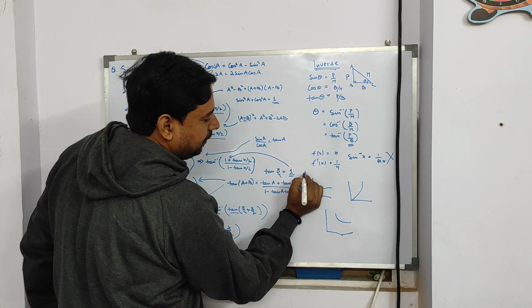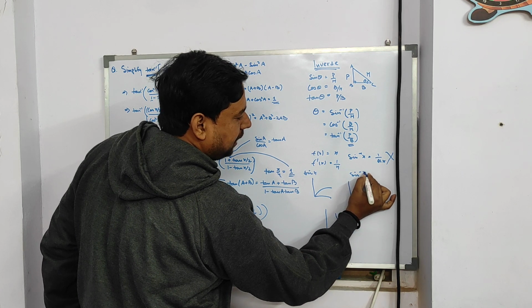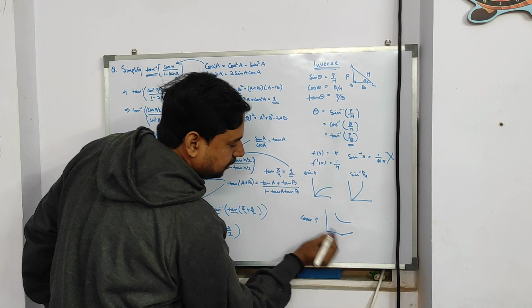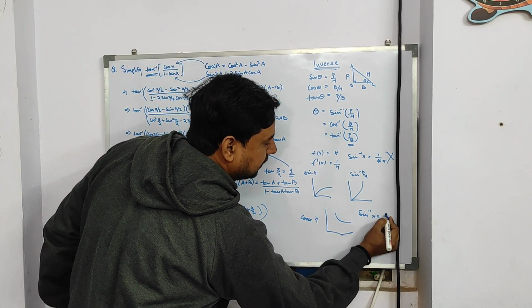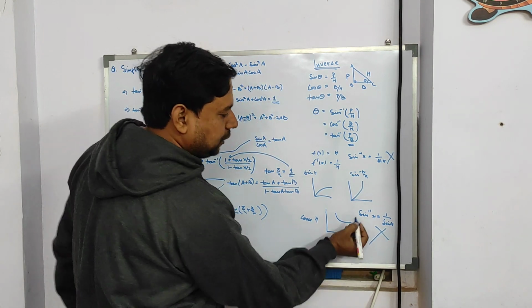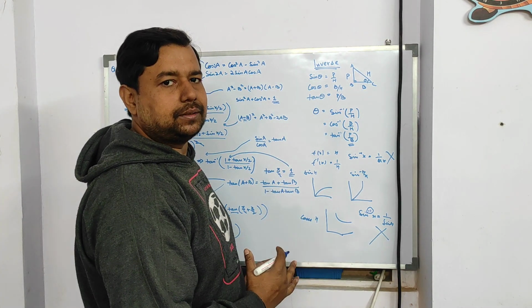So saying sine inverse x is 1 upon sine x is wrong. This is not an exponent. Okay, this is the inverse form notation.